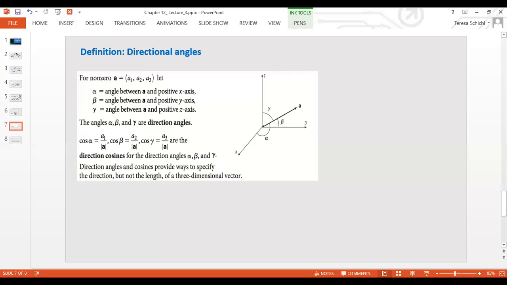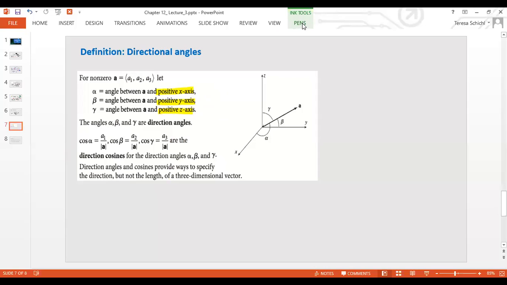Here we need to be careful: this is the angle to the positive x-axis, positive y-axis, positive z-axis. That means the angle should be in the interval between 0 and pi.